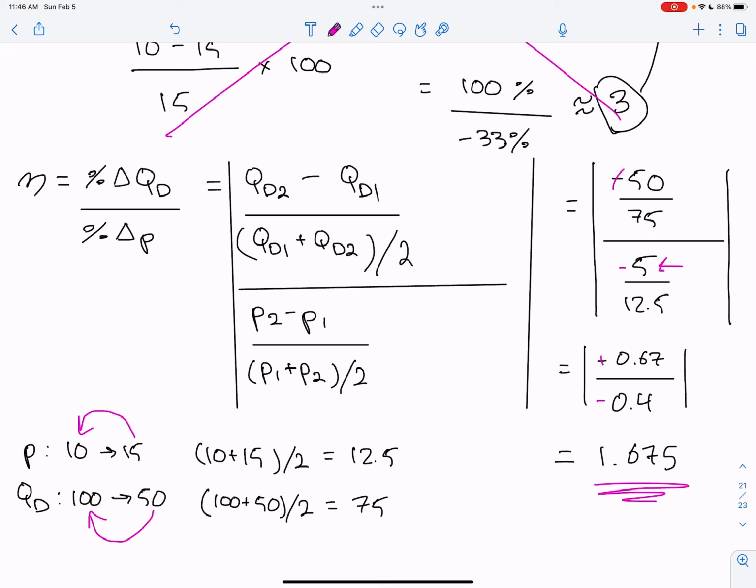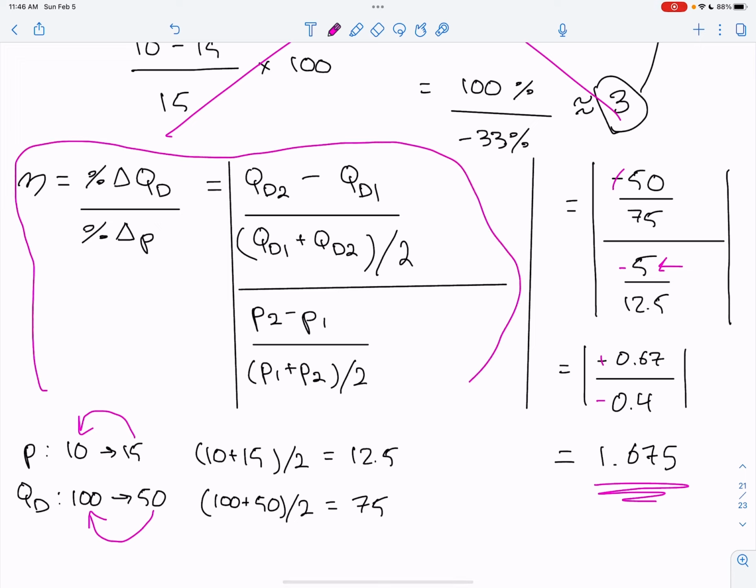So by taking averages and by taking absolute values, we ensure that no matter which direction we're moving in, we always get the same result. That's why we take the absolute values, and that's why we take averages. And of course, the same exact thing applies to quantity supplied, if we're talking about price elasticity of supply. So this is our final formula.